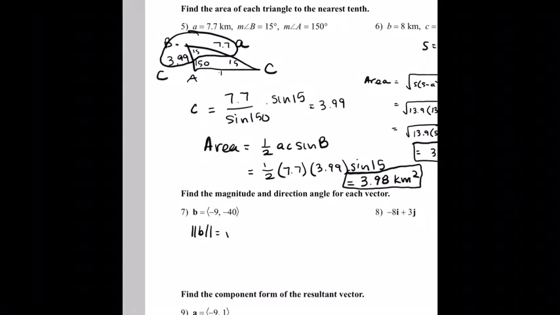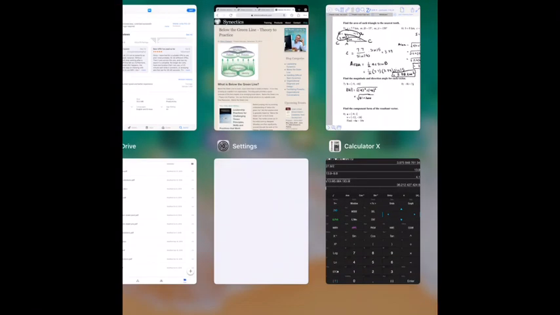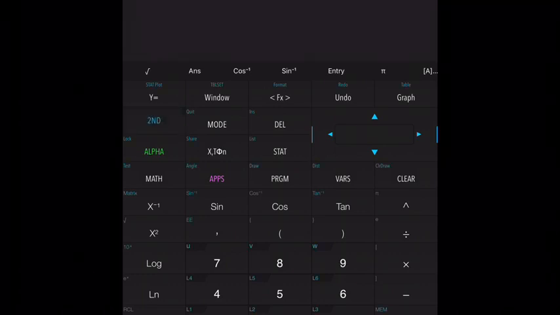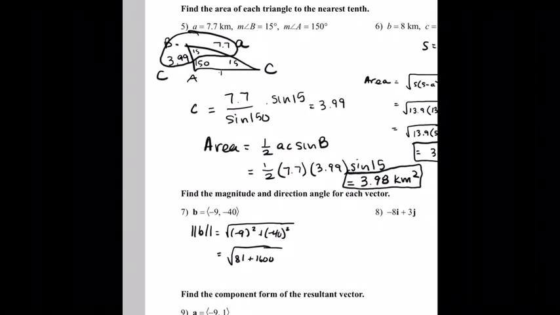Magnitude is just the Pythagorean theorem. We had the square root of 9 squared plus 40 squared. It's 41. So the magnitude there is 41.